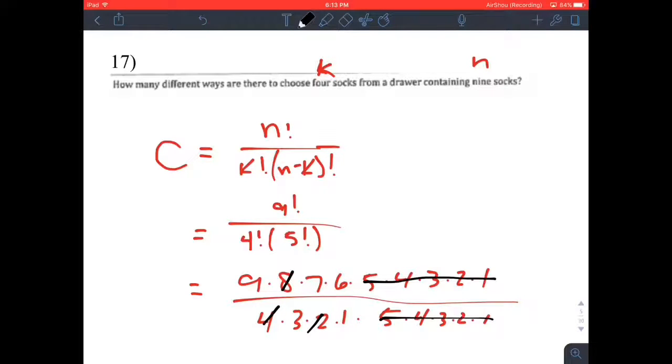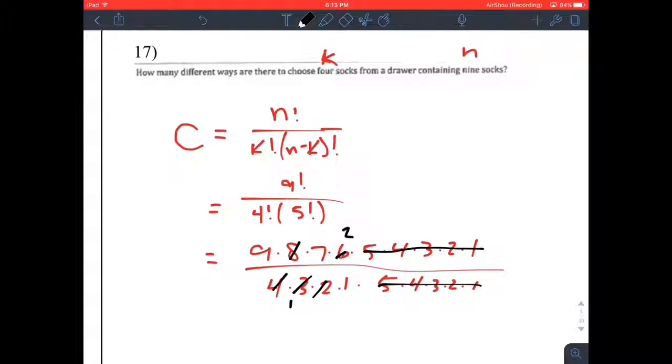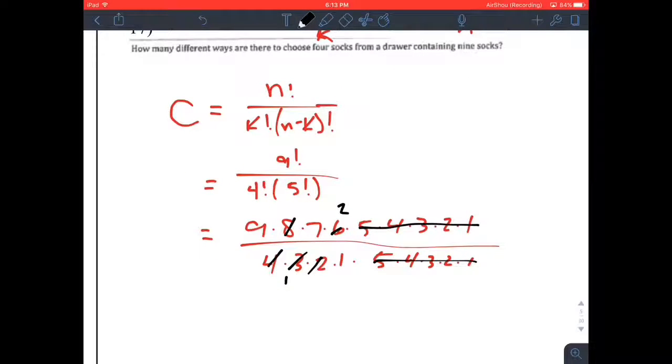We can divide 3 into itself once, into 6 2 times. If you multiply 9 times 7 times 2, you're going to get 126. So 126 ways to choose 4 socks from a drawer containing 9 socks.